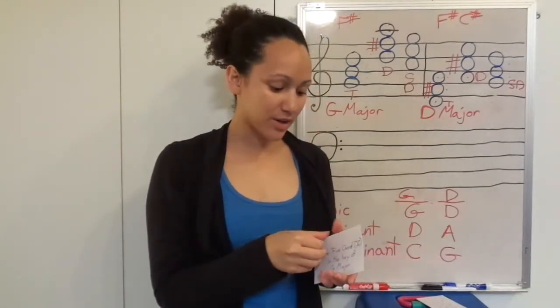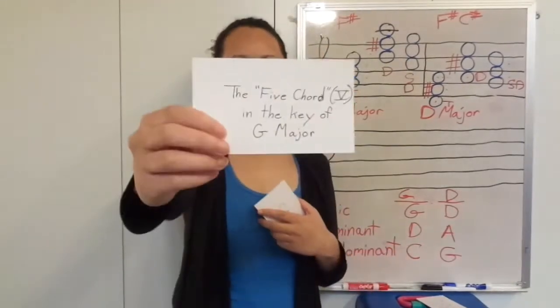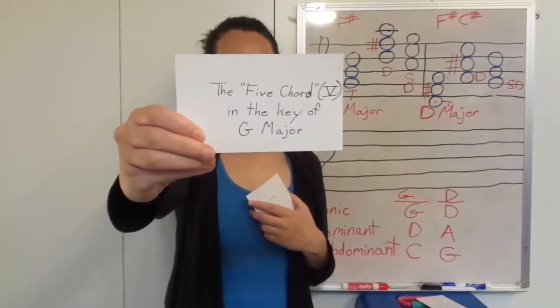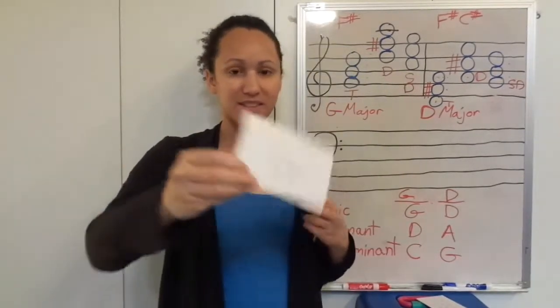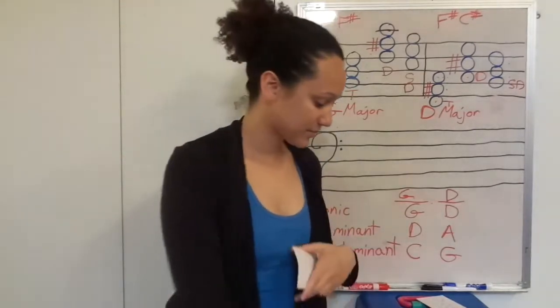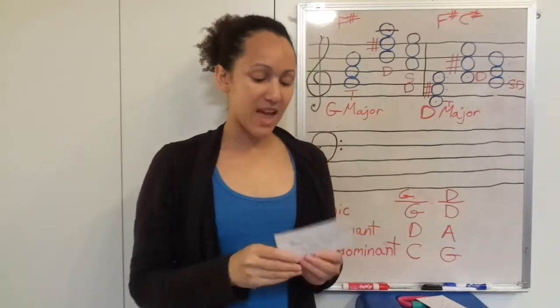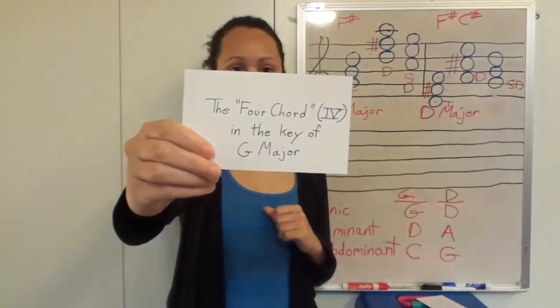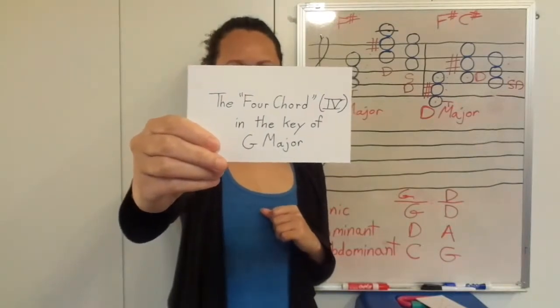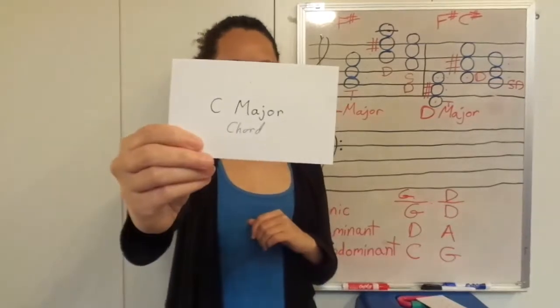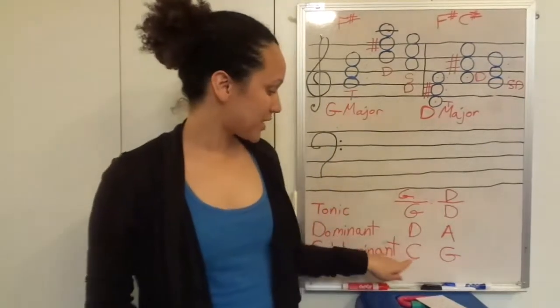The 5 chord, Roman numeral 5 or capital V, key of G major, the D major chord. And the 4 chord, Roman numeral 4 or IV, make sure it's capital, in the key of G major, the C chord. And that's right here.